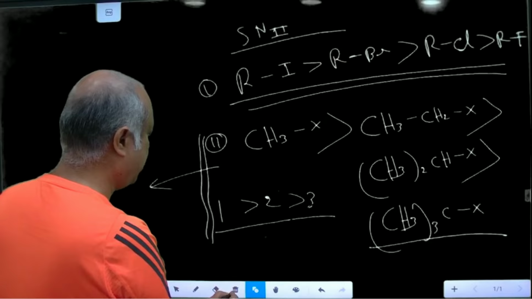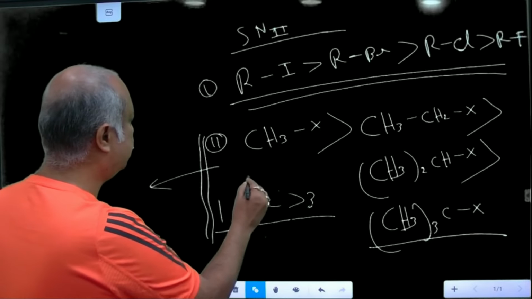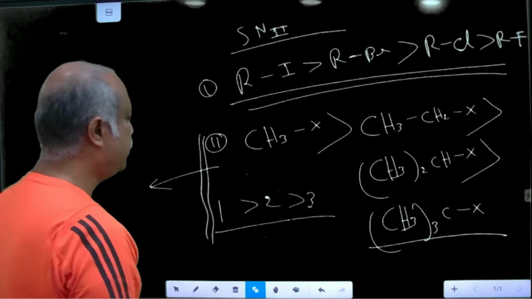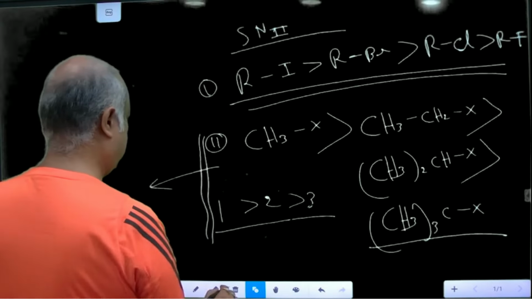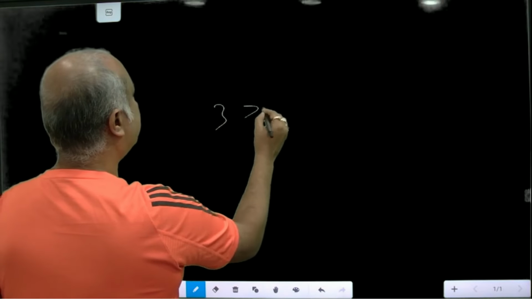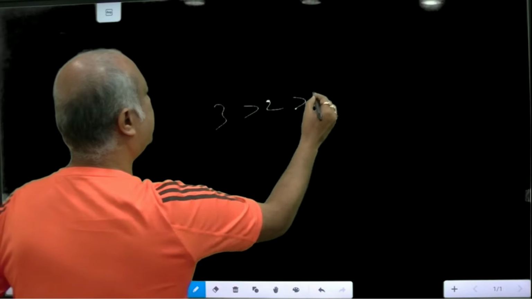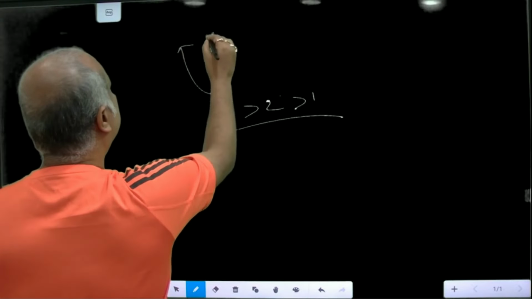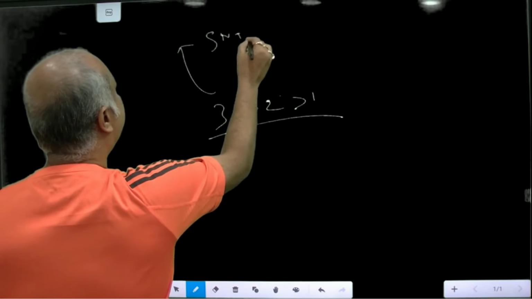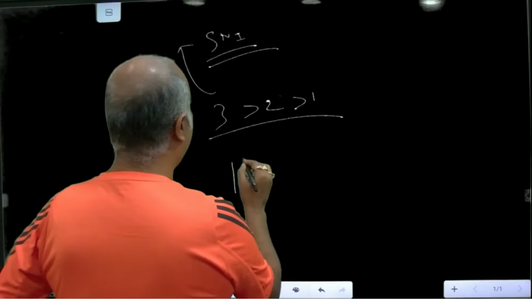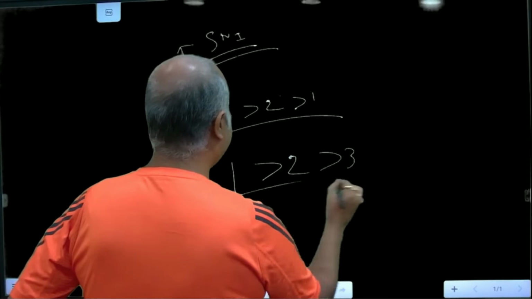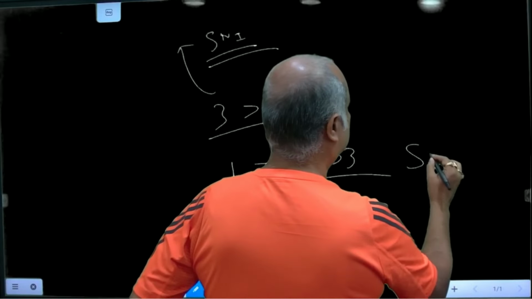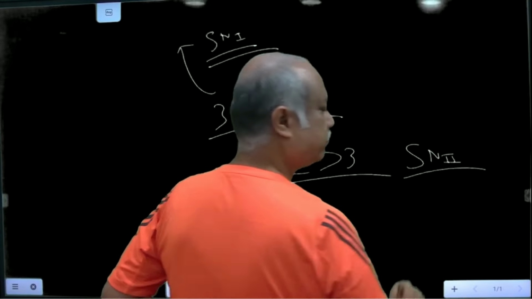In the SN1 mechanism, 3 degree is greater than 2 degree, greater than 1 degree. But in the case of SN2, 1 degree is greater than 2 degree, greater than 3 degree. Agree?